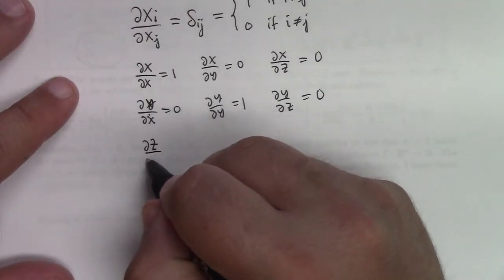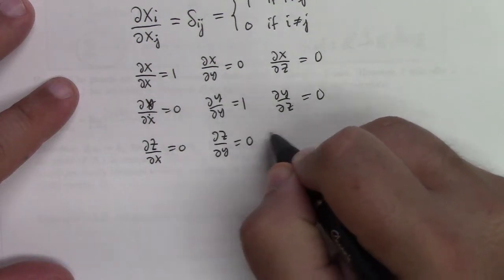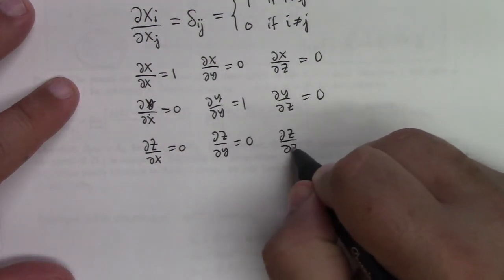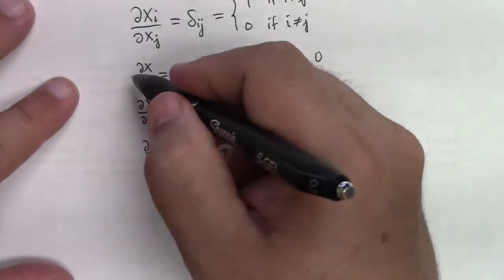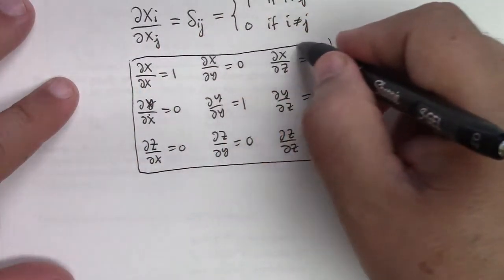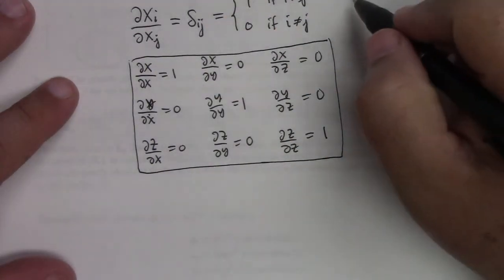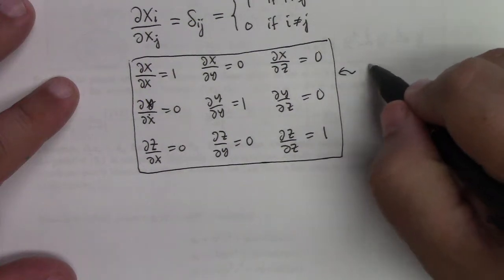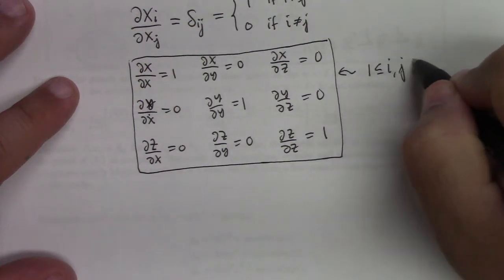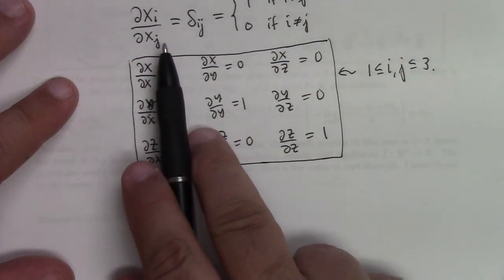Partial z partial x is 0, partial z partial y is 0, partial z partial z is 1, right? So these 9 derivatives are all captured by this formula where i and j, 1 less than or equal to i comma j less than or equal to 3.